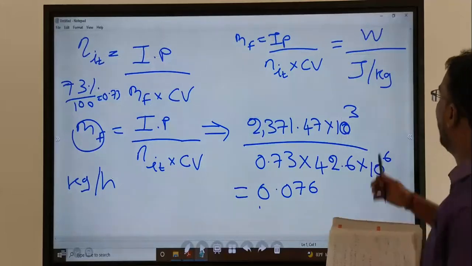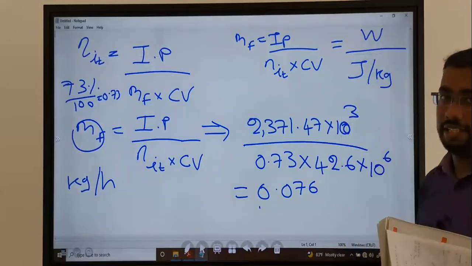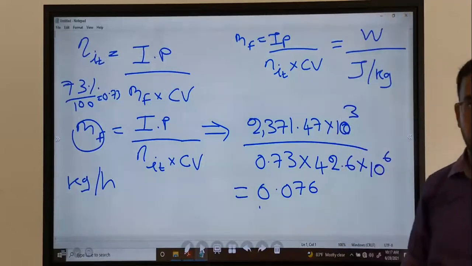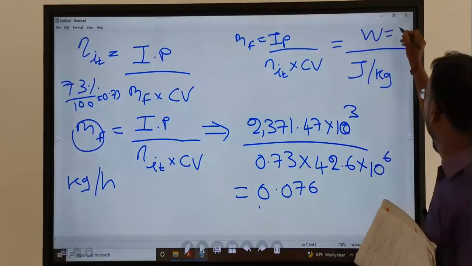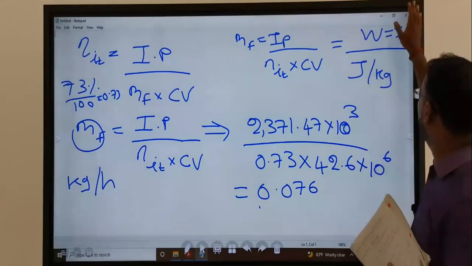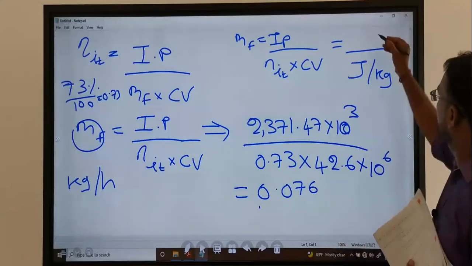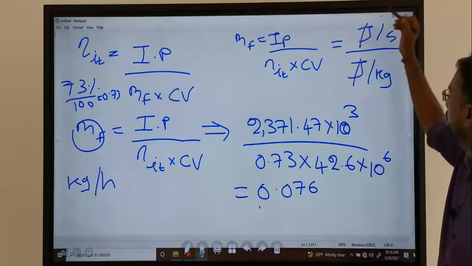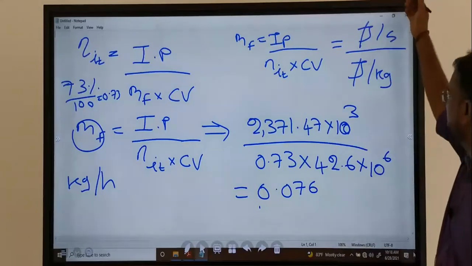Now you can see the watt. Watt is joule per second, the work done in 1 second. So here we can put joule per second. The joule also cancels, so the kilogram goes upside.